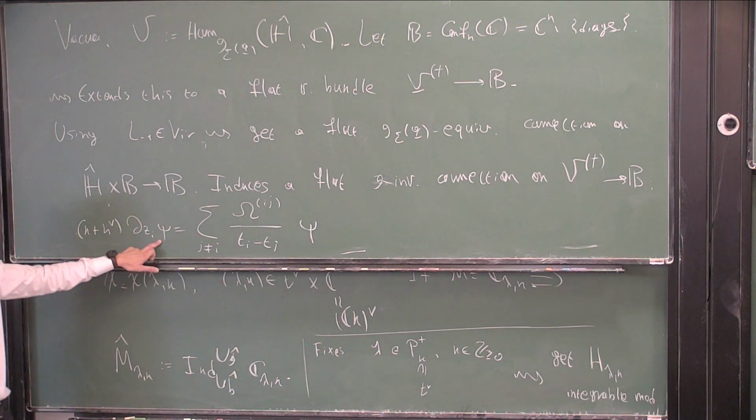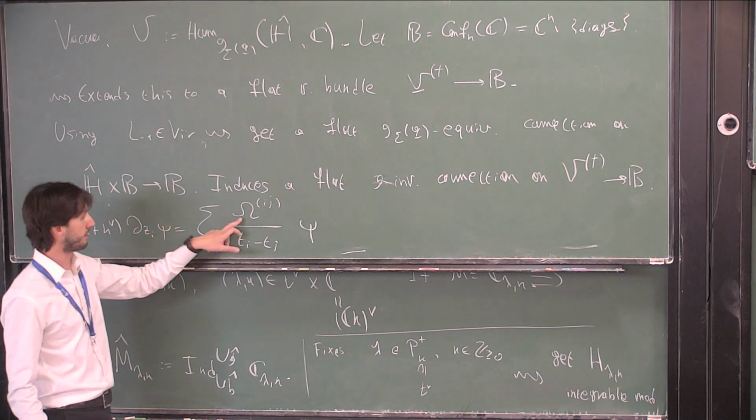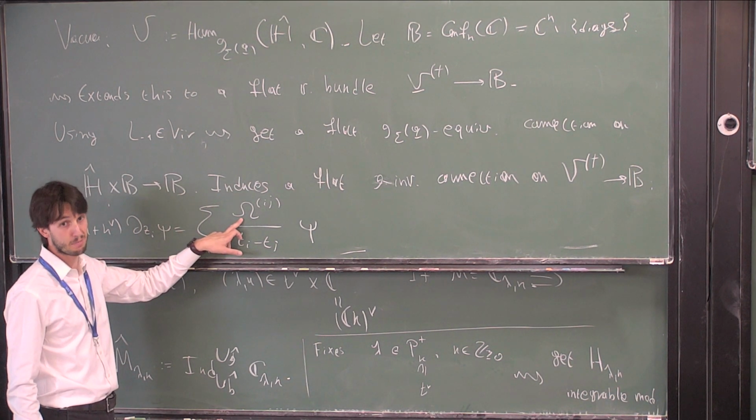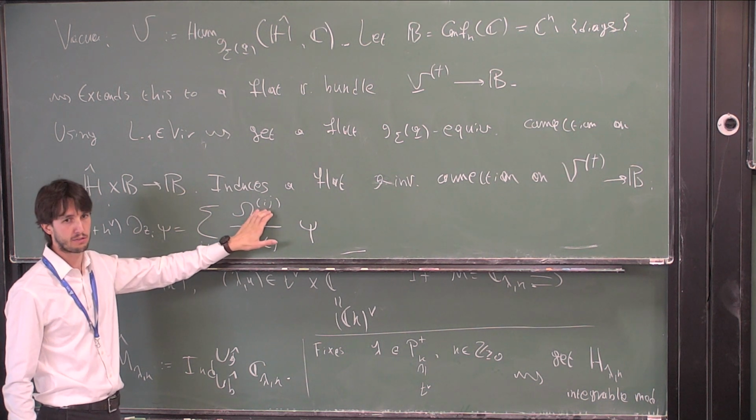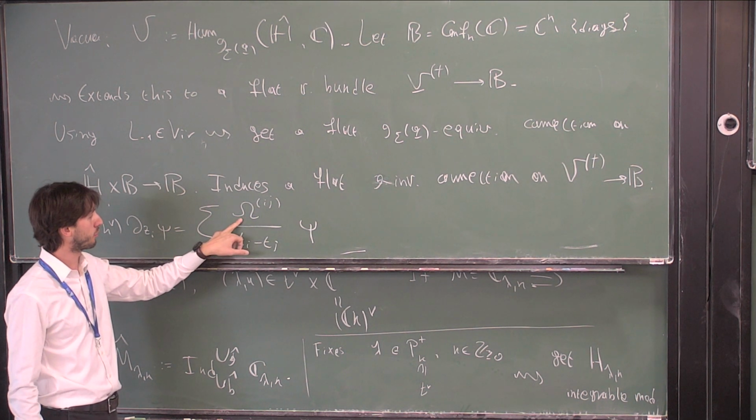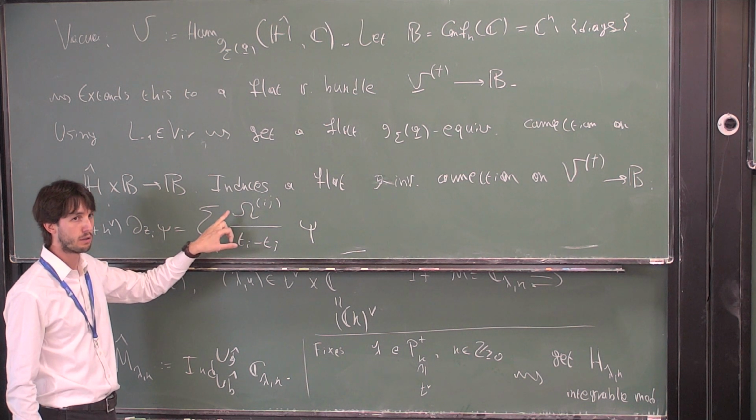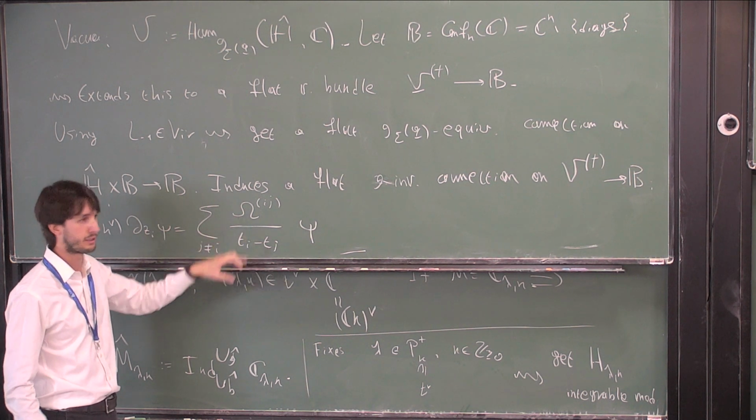So psi is a local section, this is the dual Coxeter number, and this omega ij is the action of capital omega on the ith and jth slot, and omega is what was small t in Anton's talk. It's the canonical quadratic tensor of the quadratic Lie algebra.